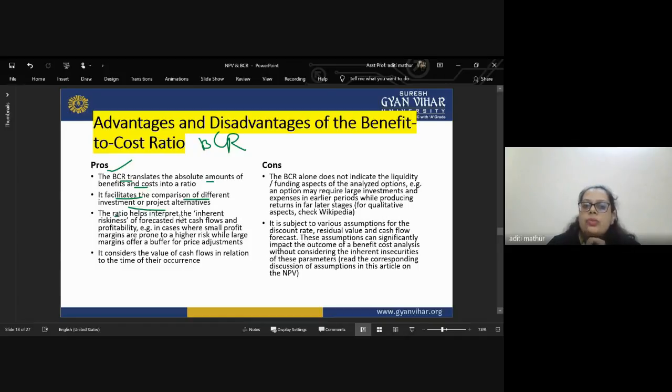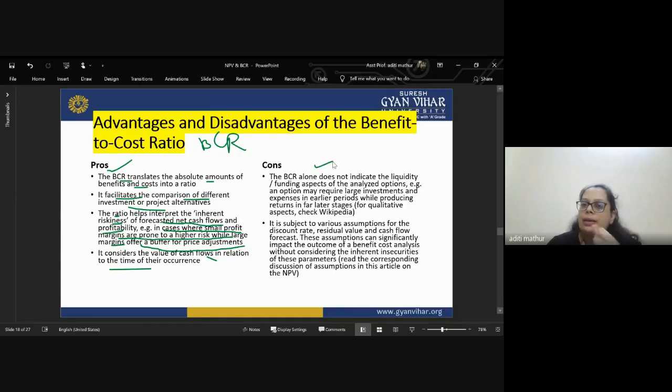The ratio helps to interpret the inherent riskiness of the forecasted net cash flows and profitability. That is, small profit margins are prone to higher risk, while large profit margins often buffer the price adjustment. So it helps you in adjusting the prices. It considers the value of cash flows in relation to the time of their occurrence.